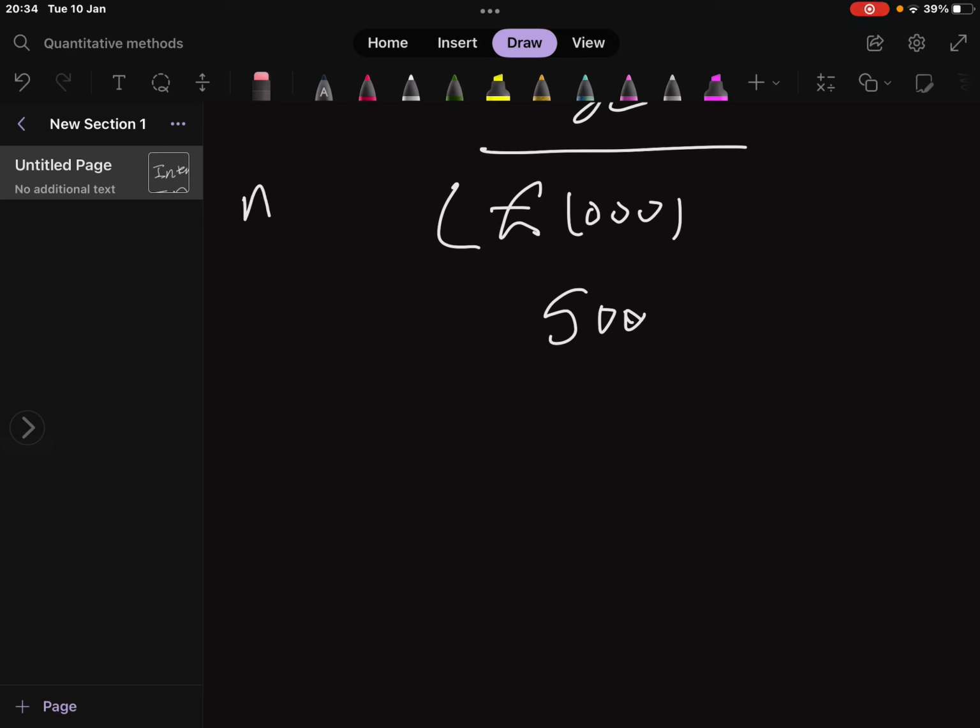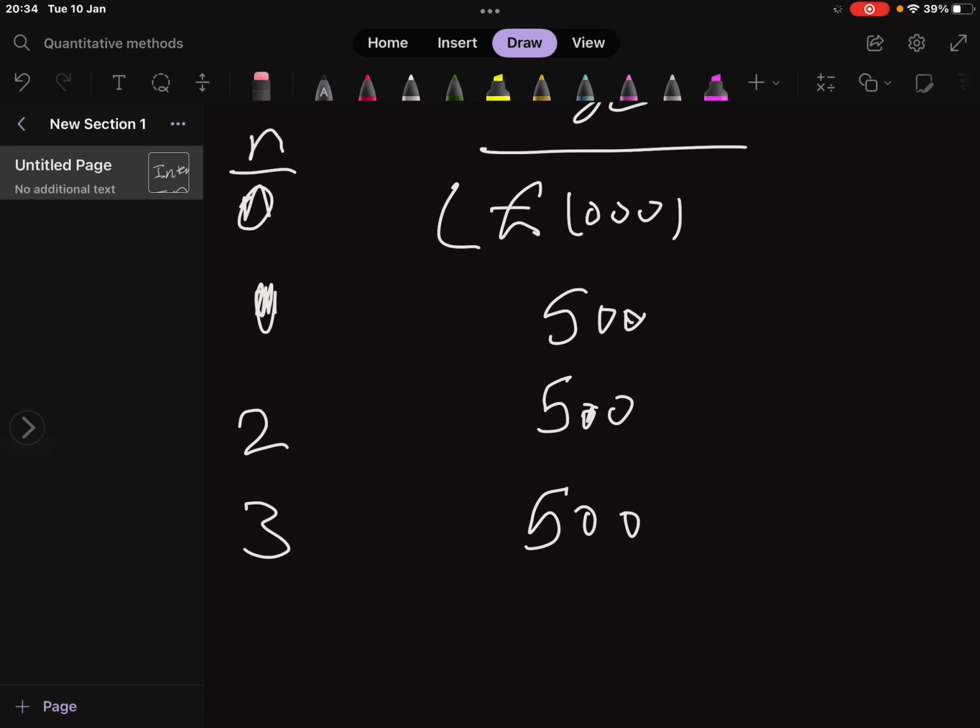So basically this is time 0, and this is 1, 2, 3. By the end of year one you will get 500, by the end of year two 500, by the end of year three 500 as well.